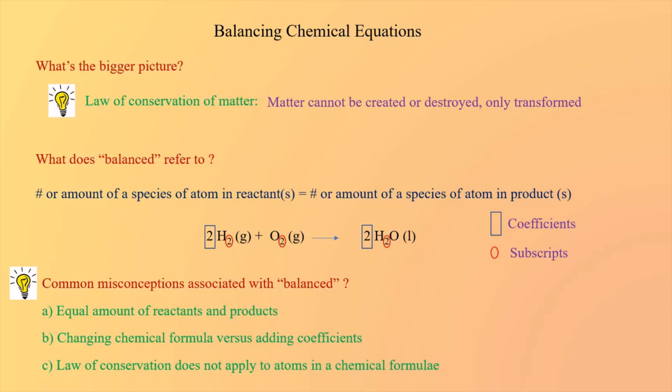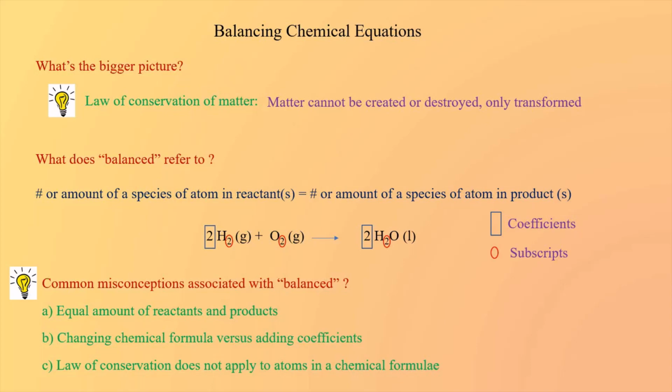So they try very hard to balance the equation so that the addition of the coefficients on the reactant side and the product side is equal, and they end up never getting there because that's not the way it's supposed to be.